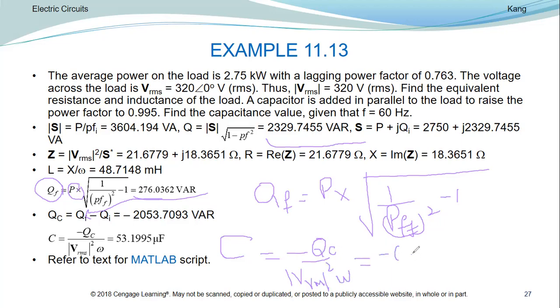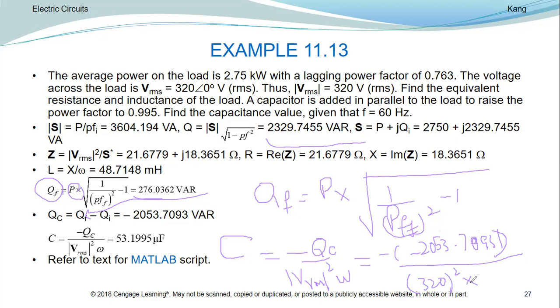QC value is negative 2053.7093, divided by V root mean, which will be 320 squared, times the value of omega.